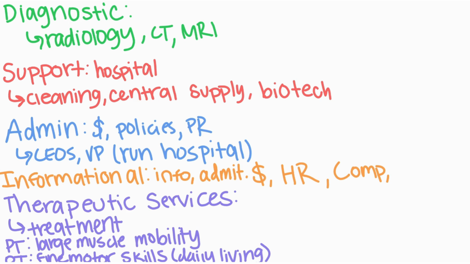Now, there is going to be almost a pyramid, a hierarchy, towards how these services are going to be placed in a hospital setting. So first thing you want to do is have the board. So the biggest people in the hospital are going to be the board members.